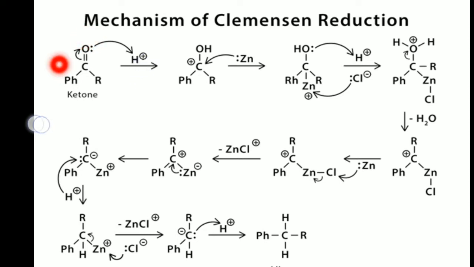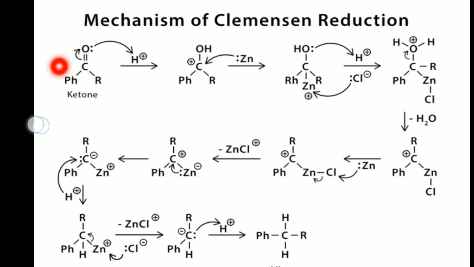Carbonyl oxygen pi bond is moved towards oxygen to produce negative charge over oxygen, and that O minus abstracts H plus of the acid. To give this one, a carbonium ion is generated.